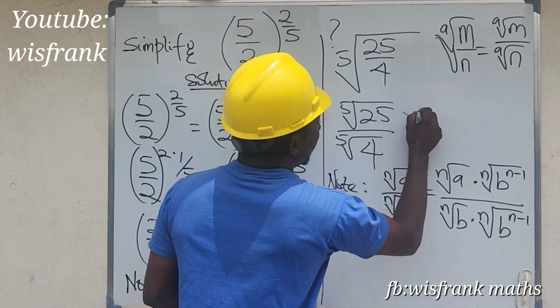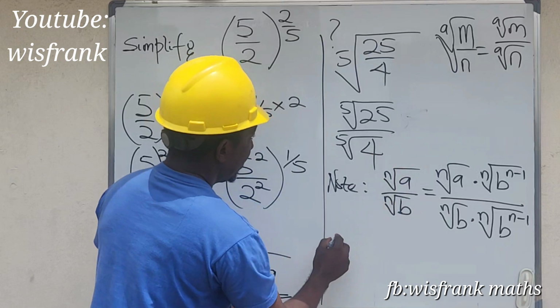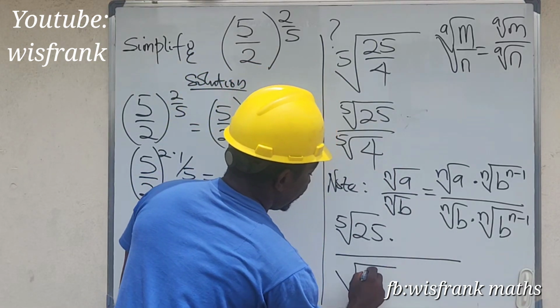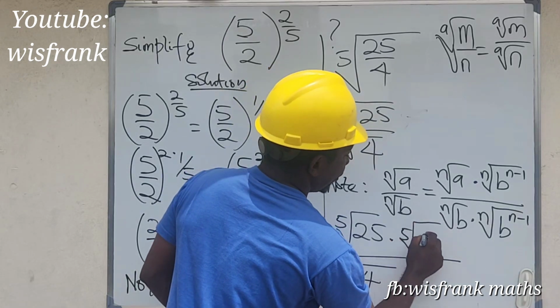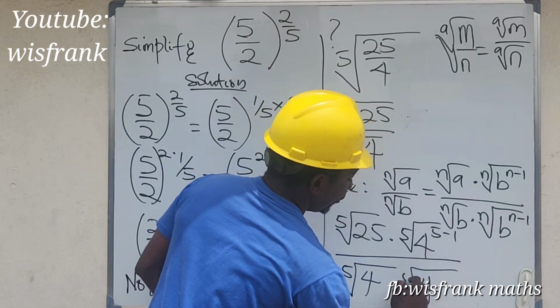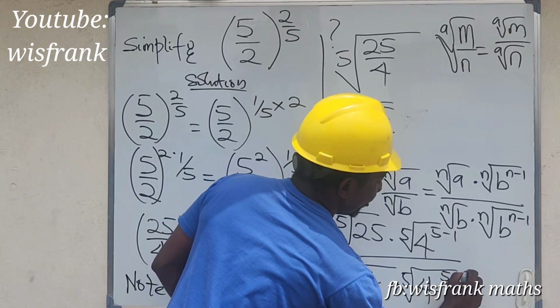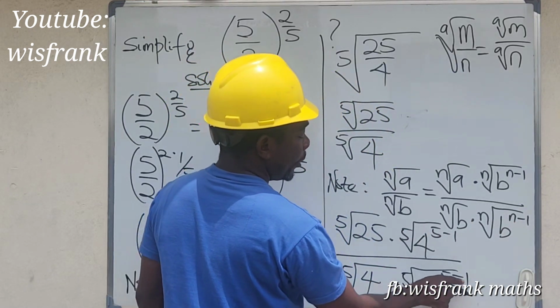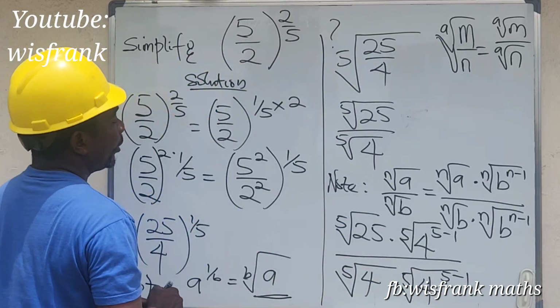So we need to multiply. We can write it here. We have the 5th root of 25 times the 5th root of 4 raised to the power of 5 minus 1, because we say n minus 1. So we have 5 minus 1, and we can simplify that.